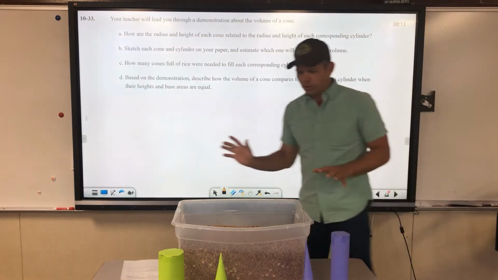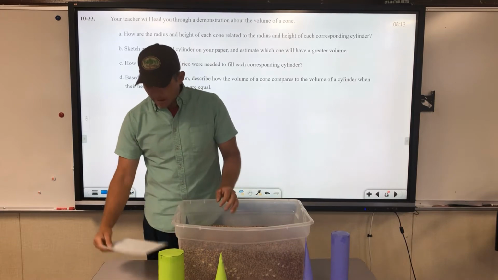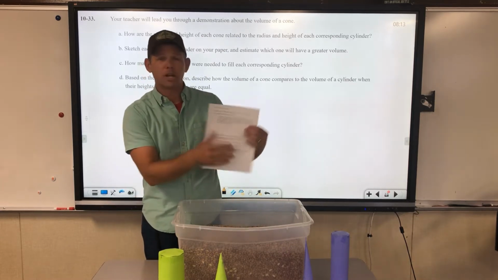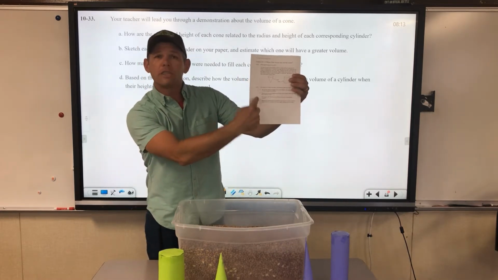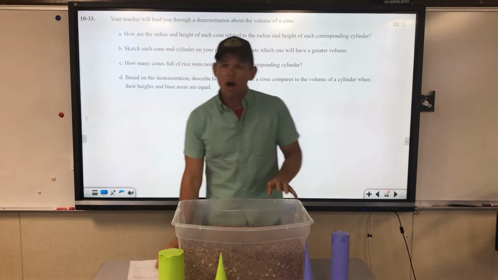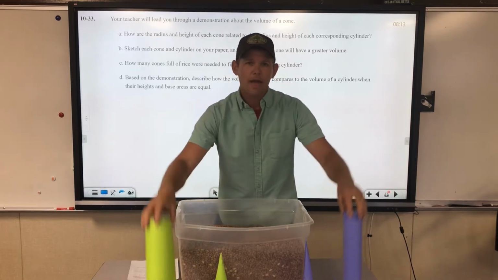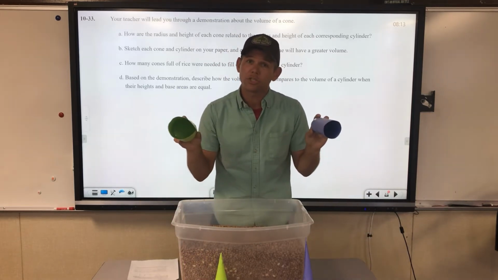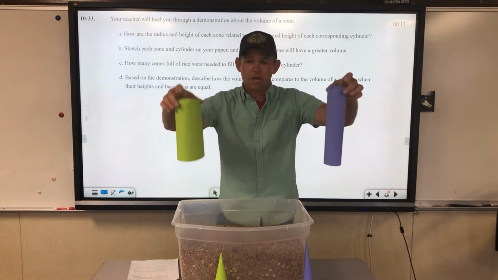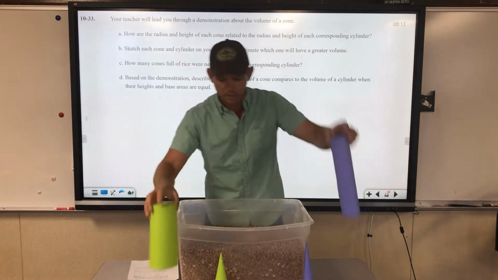So what I'm going to do is take you through a discussion, and as I do, we're going to be working on these problems right here at the bottom of your page. I have two different cylinders just to show you that there's a relationship we're going to be discussing. Notice I've got this fluorescent green and this blue.